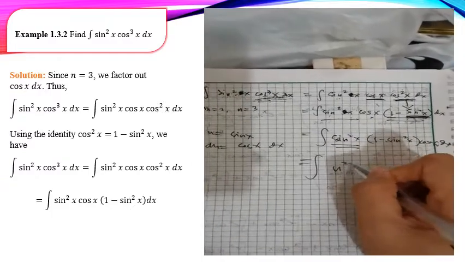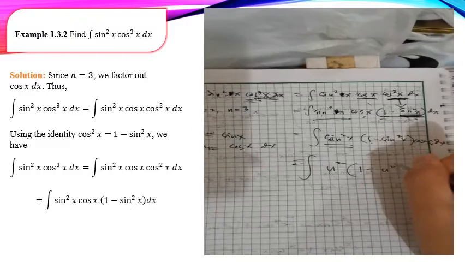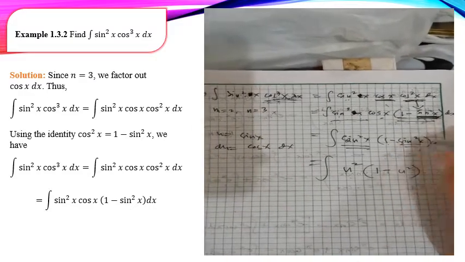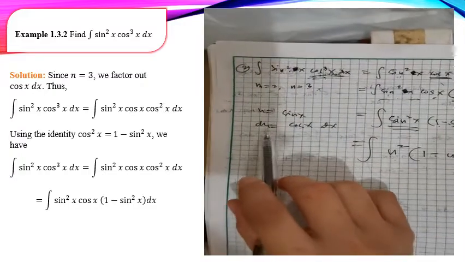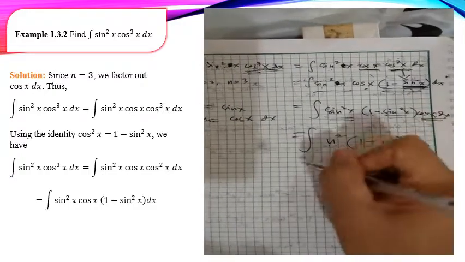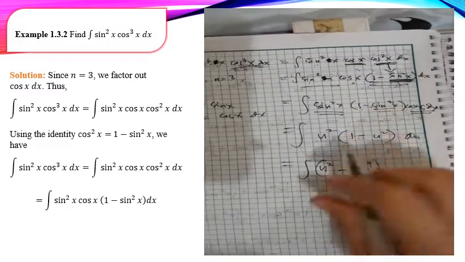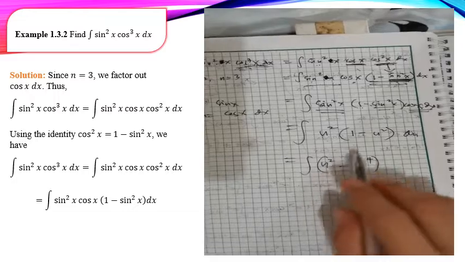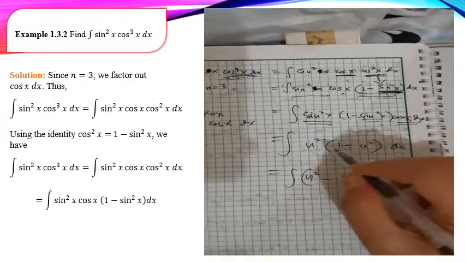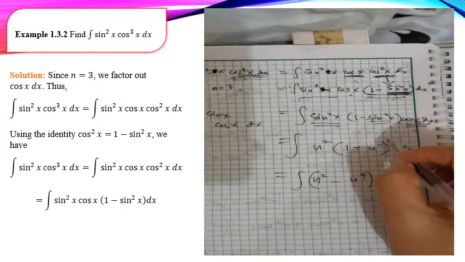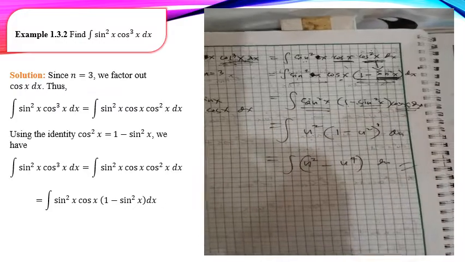Since may exponent na to, so we have u squared times 1 minus u squared pa rin, kasi ang gi-let lang natin na u is si sine. And then si cosine x dx, yan yung papalitan natin ng du. So, we have the integral of u squared minus u to the power of 4, because u squared times 1 is u squared. U squared times the negative u squared is negative u to the power of 4. So, pwede kayong mag-distribute dito agad kasi ang exponent nito is 1. So, du. Ibig sabihin, eto na yung i-integrate ninyo. So, kayo na yung bahala.